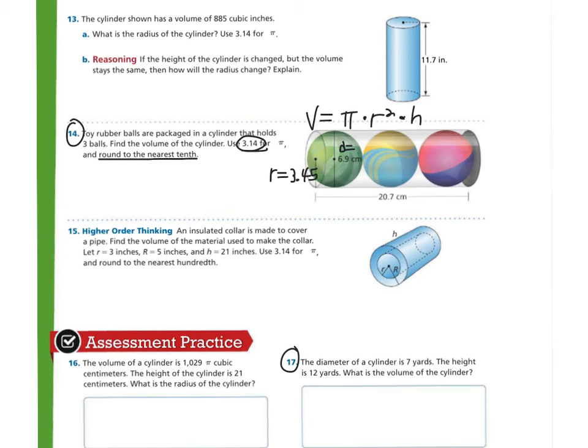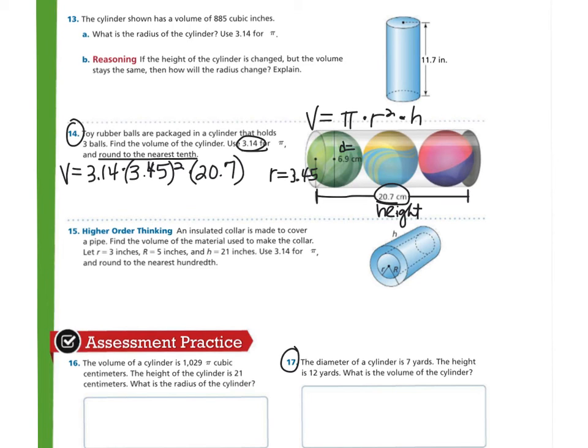So now we're going to use that coupled with the height of the cylinder. That means the distance between the two circular bases. So the height here is 20.7 centimeters, and we're going to substitute those things into the formula and solve. So I'm going to help you get it set up, and then I want to see you solve it. And then we'll check our answers.